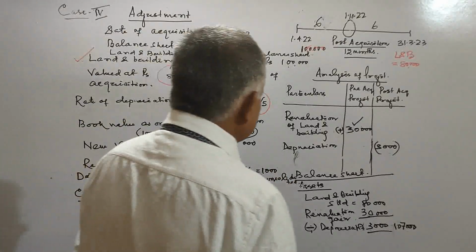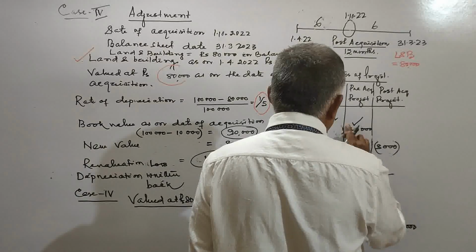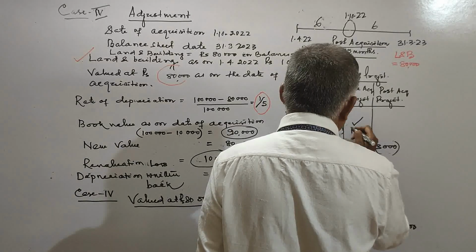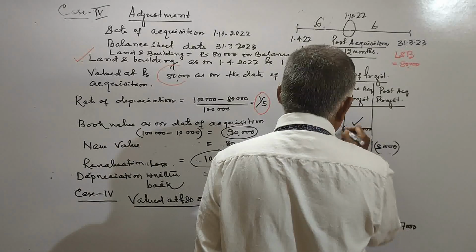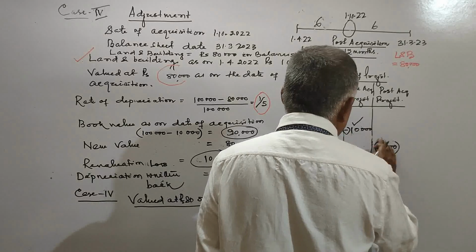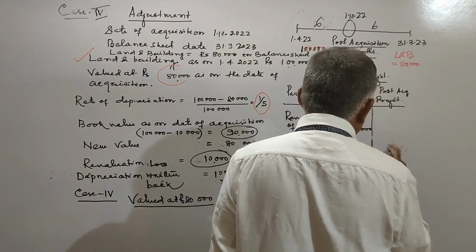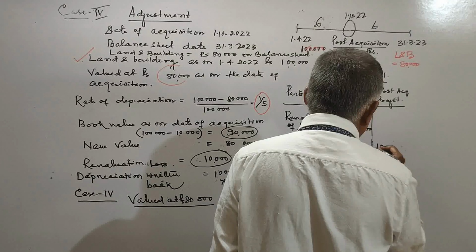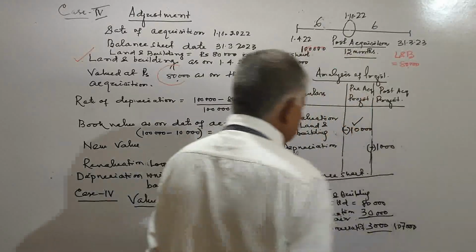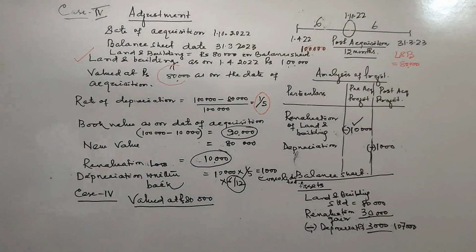So in case of revaluation, it is a loss, therefore it will be minus, and this 1,000 depreciation written back will be your plus, right?